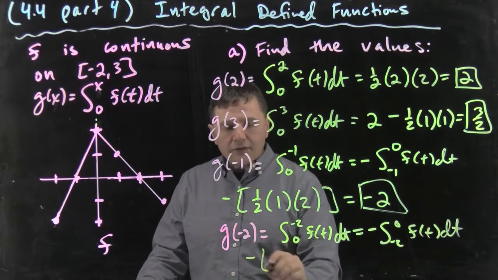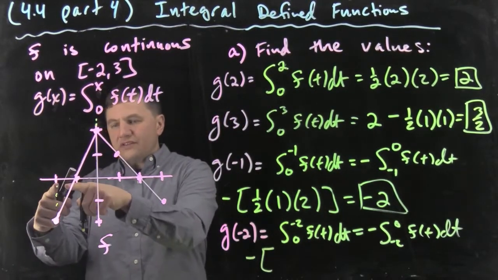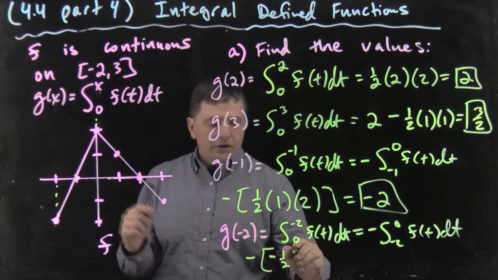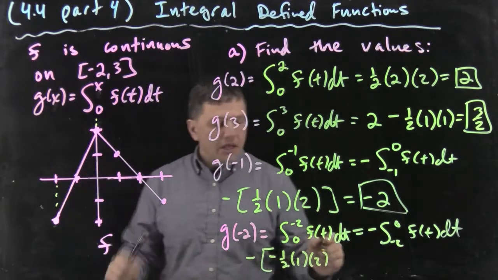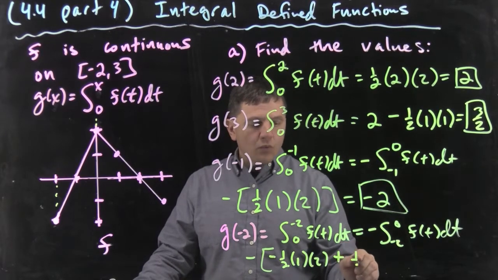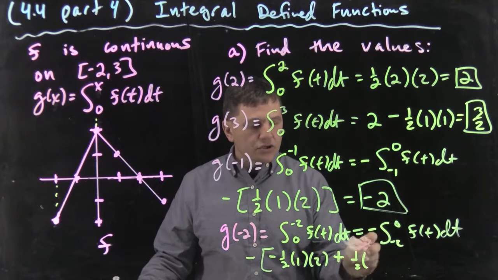So I'm doing a negative of, and then I'm doing the area below. Okay, so that's going to be a negative, right? So that'll be negative 1/2 times 1 times 2, right? The area of that triangle. And then this is going to be plus, and then 1/2. Well, we already did that one. That one is 2. The area of that is 2.